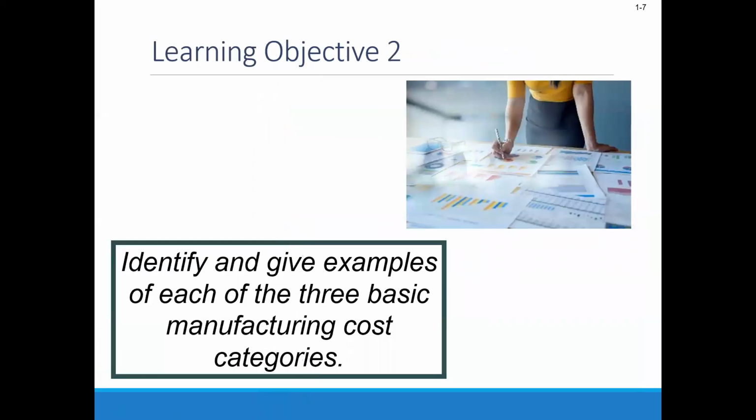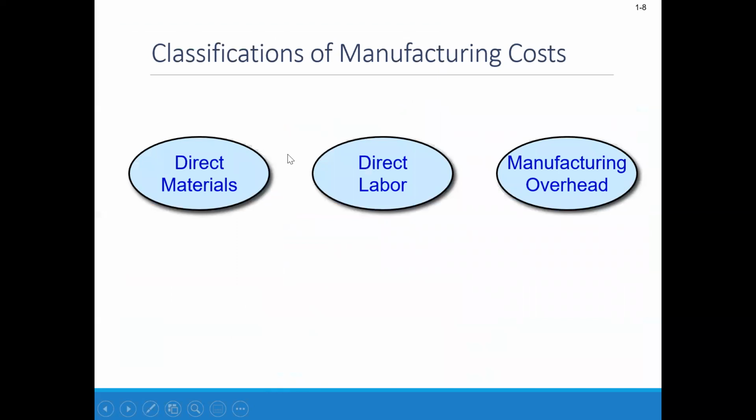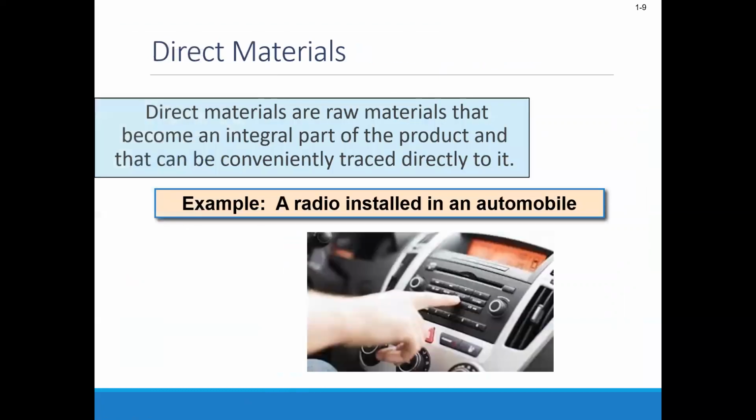Now, we're going to look at the three basic manufacturing cost categories: direct materials, direct labor, and manufacturing overhead. Direct materials are those raw materials that become the basis or the foundation of the product.